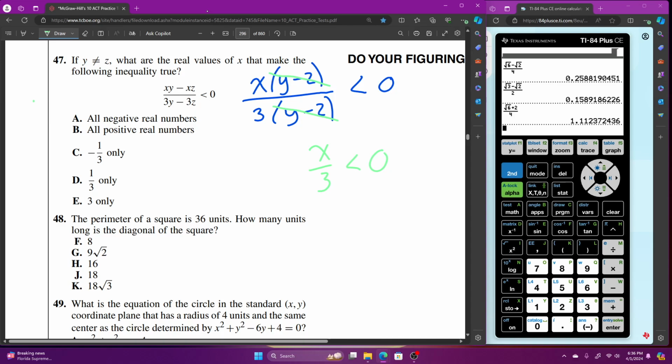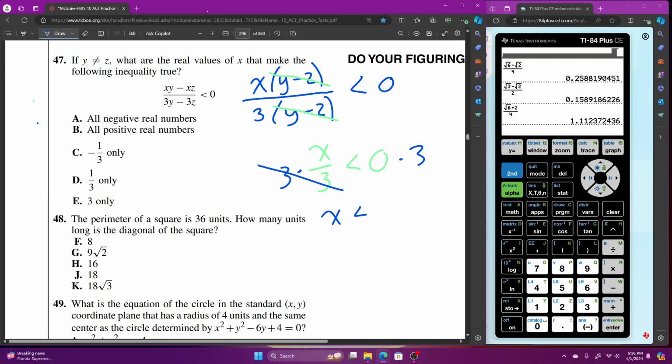And now we want to get the x by itself. X over 3, every fraction is a division problem. What's the opposite of division? It is to multiply. So we're going to multiply both sides of our inequality by positive 3 to make our 3's over here cancel out.